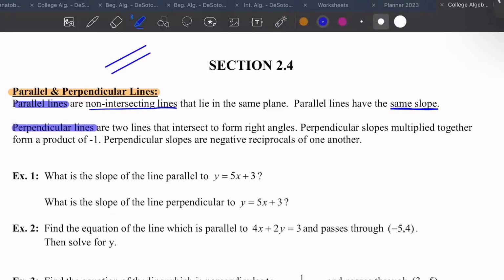Perpendicular lines are two lines that intersect to form right angles. Okay. Perpendicular slopes multiplied together form a product of -1. So perpendicular slopes are negative reciprocals of one another. Okay. What does that mean?